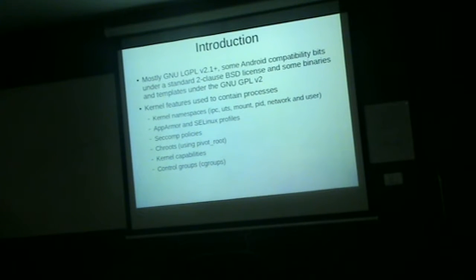Then you have UTS. If you look at it, the name doesn't actually tell you what it's doing. It's for creating a separate domain name and a host name for your guest containers. So that namespace is required for that.